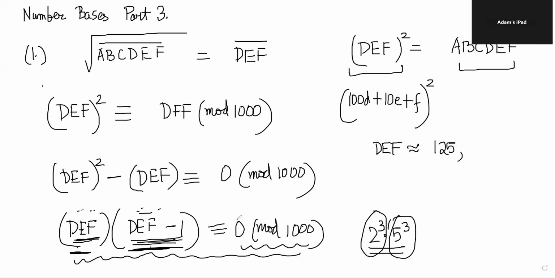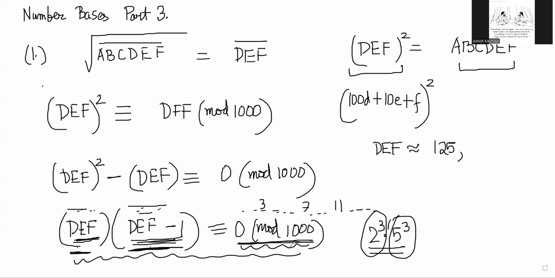We just know congruency; we don't know the actual prime factorization. I don't know what the powers of 3, 7, 11, and so on are in these numbers. I know that when you multiply them, the product is 0 mod 1000, and that these two numbers are co-prime. So I can have DEF as 5 cubed, 125. I can also have 5 cubed times 3.